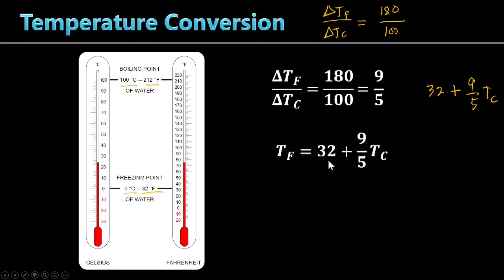So, we have 32 plus this relationship, 9/5 times TC. So, from this equation, we can now solve for TC if we want to get the temperature in Celsius if we are given any temperature in Fahrenheit. That would be TF minus 32 multiplied by 5/9. Okay, so this is now the temperature in degree Celsius.